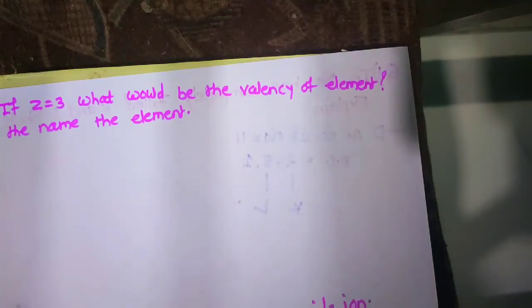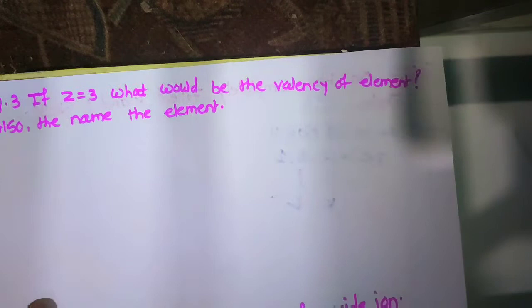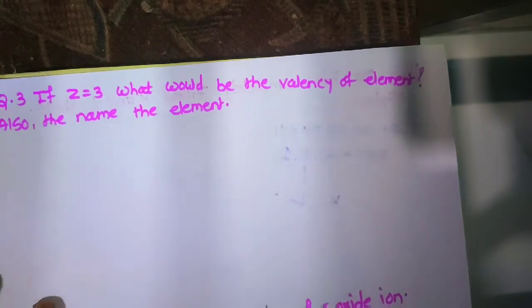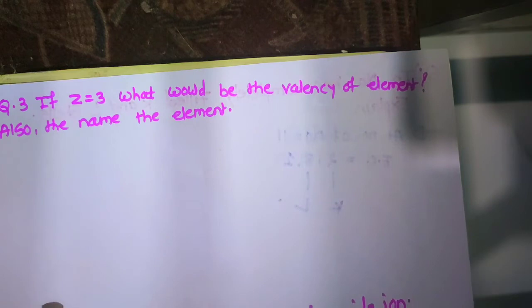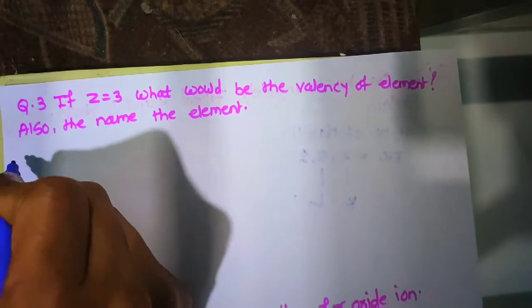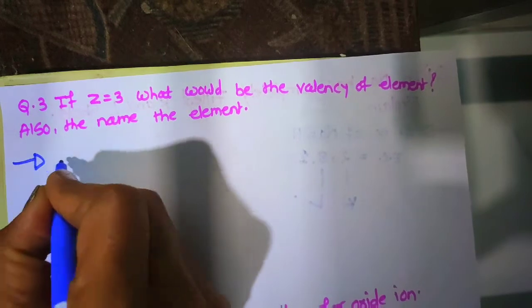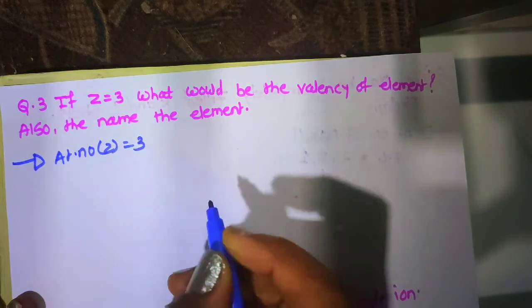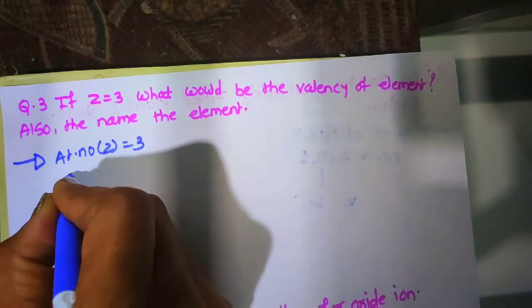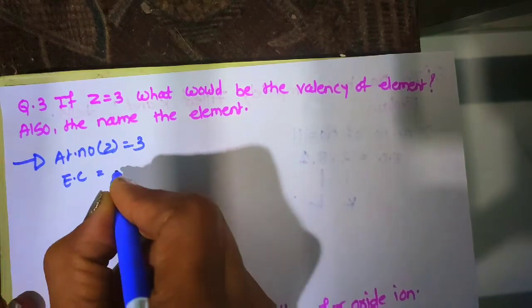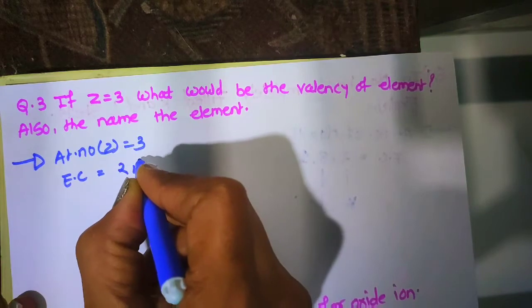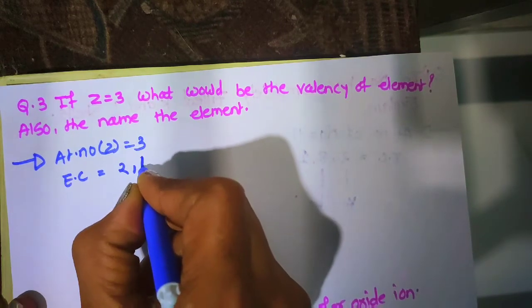Now the next question is, students, if Z is equal to 3, Z means atomic number is equal to 3, what would be the valency of the element? Also find out the name of the element. When atomic number Z is equal to 3, its electronic configuration is: the K shell has a maximum capacity of 2 electrons and the L shell will have 1 electron.